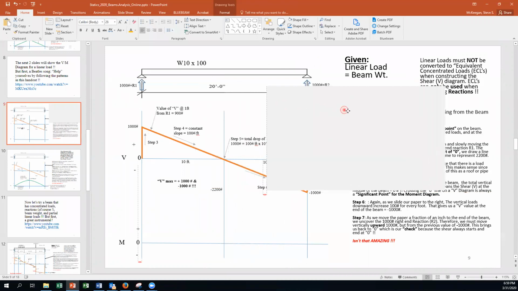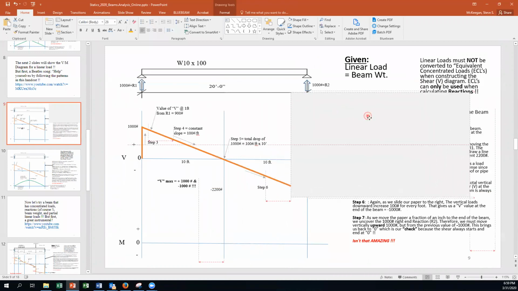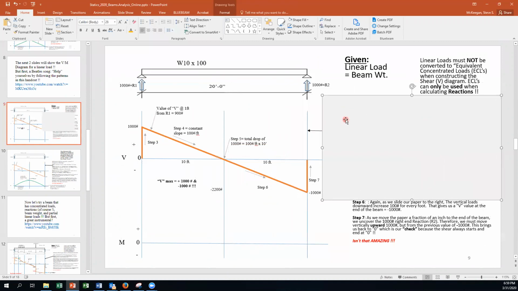Eventually, it's going to drop another 1,000 pounds over that second half of the beam. That's going to give you a minus 1,000 shear value, which makes sense because now you go back up to 0 because the reaction is 1,000 pounds.